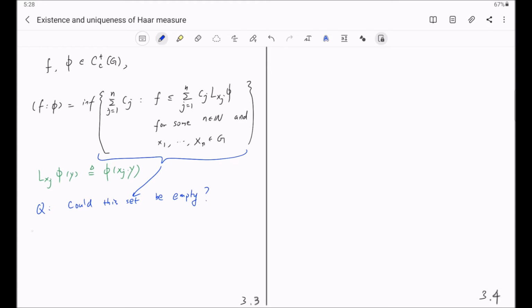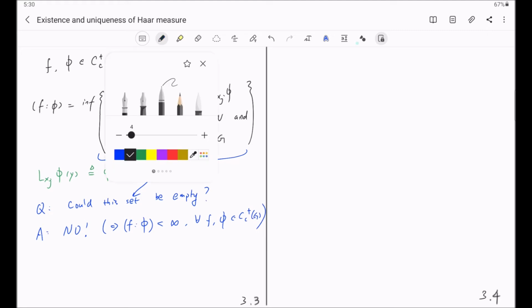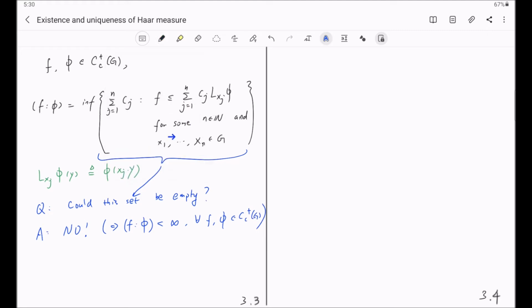The answer is no. And as a consequence of this set being non-empty, we must have this Haar covering number is finite for every f and phi in C_c^+(G). So why must this set be non-empty? Let's prove it.